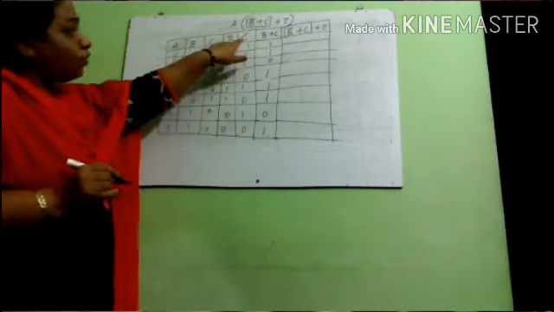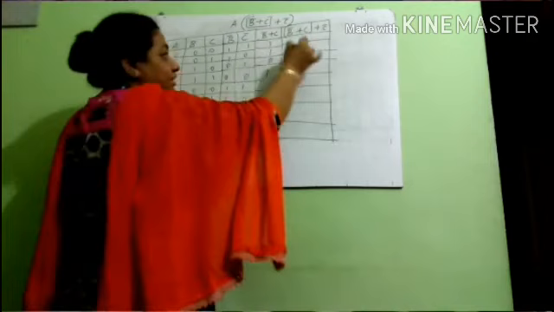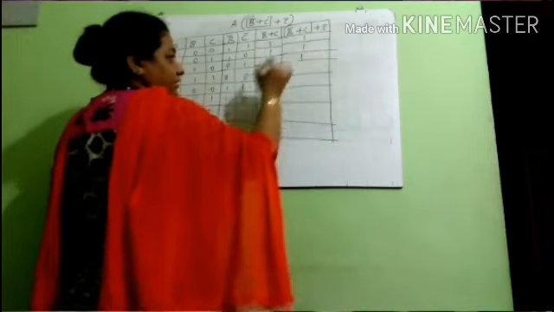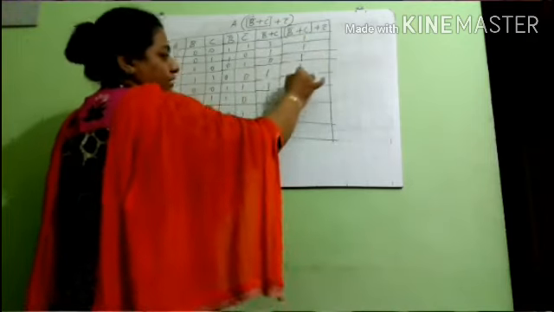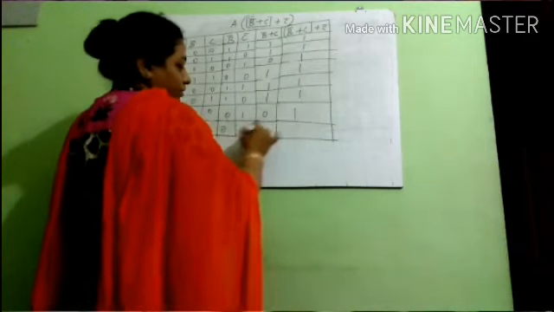Now, first we have to OR B bar plus C. B bar and C, these two we need to OR.